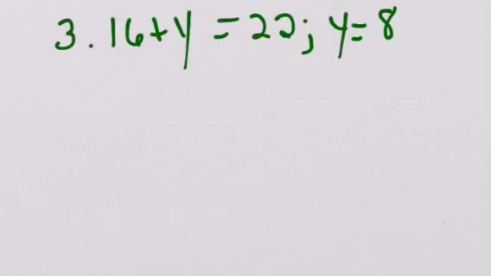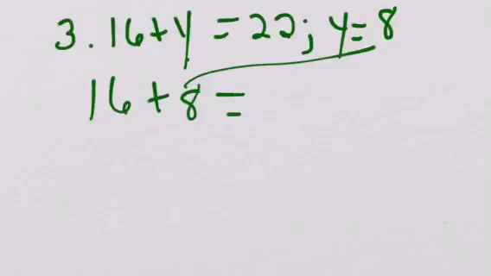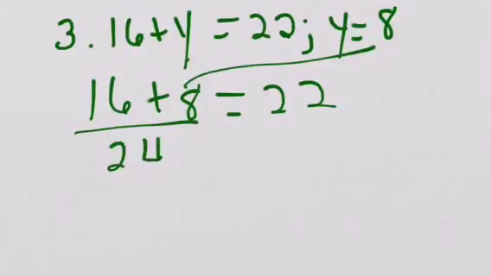So in number 3, it has 16 plus y equals 22, and y is 8. So we rewrite the equation: 16 plus 8 equals 22. We solve it further by adding 16 and 8 together. That equals 24.